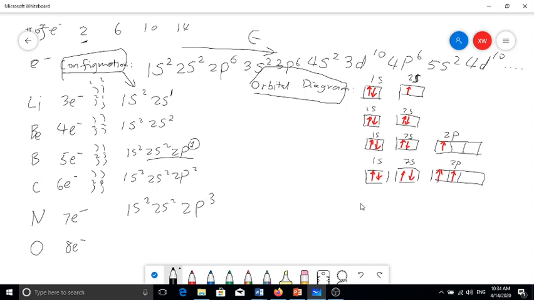Now let's look at the orbital diagram. 1s2 is a box, 2s2 is one box, and 2p3 are 3 joined boxes. The electrons are going to be 1s2 fully occupied, 2s2 also fully occupied. Now 2p3: the 2p can hold up to 6 electrons.